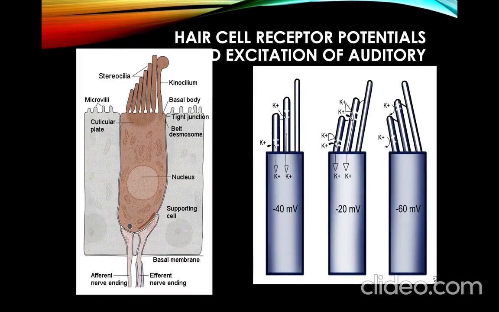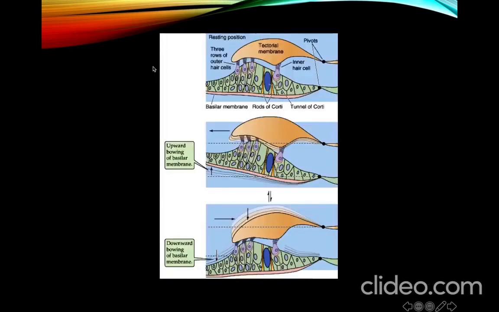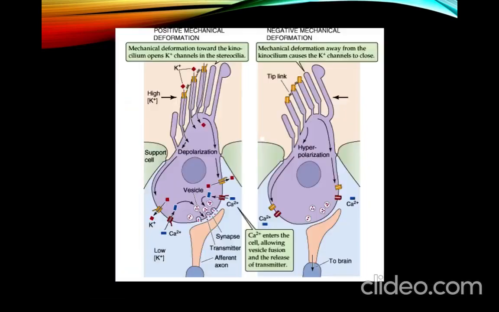Now, how is the impulse transmitted? Here you can see all these kinocilium and stereocilia are connected with each other by very thin fibers. This is a geometrical picture, so this is not the original fiber, but all these are connected with each other through very thin fibers.